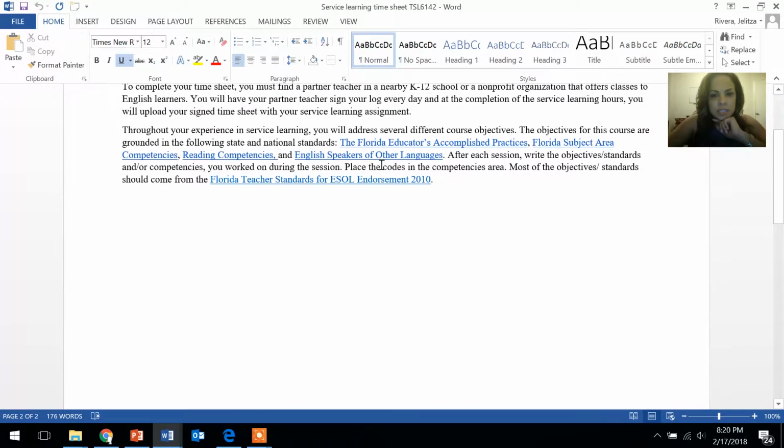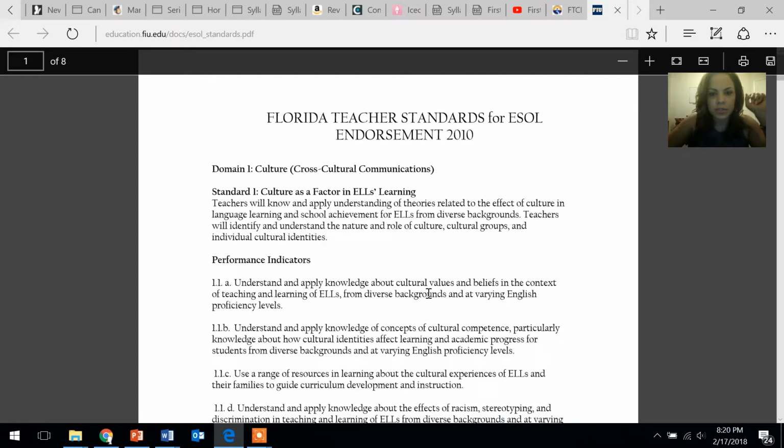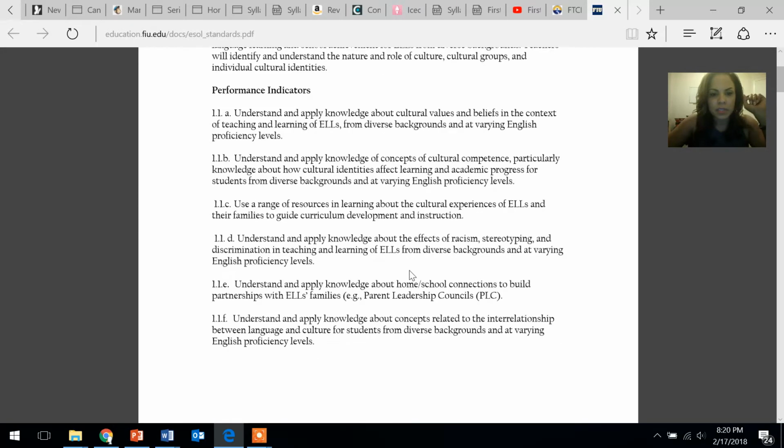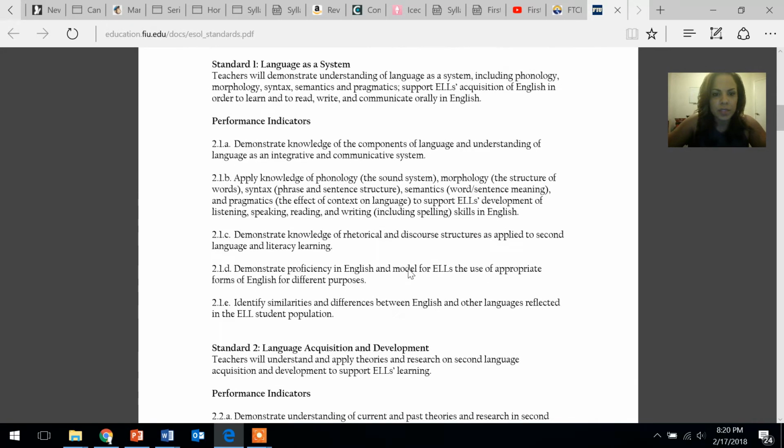Just as an example, if I go to the ESOL endorsement, here are a couple of competencies that you would see. For example, demonstrate knowledge of components of language and understanding language as an integrative and communicative system. It depends on if you're doing a whole language approach or a form focus, this would apply.